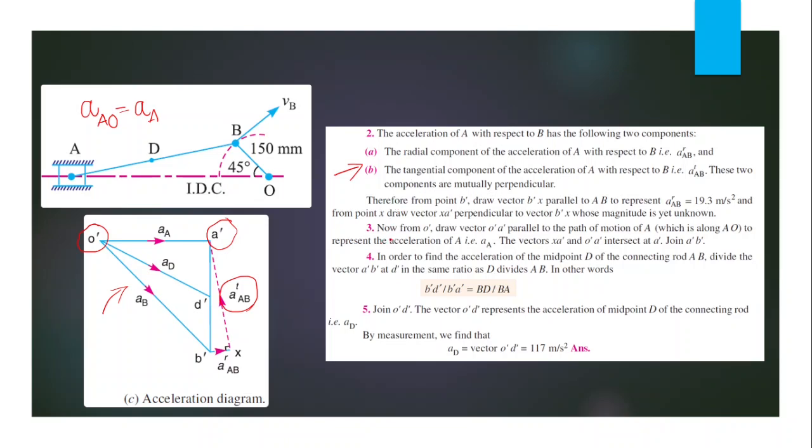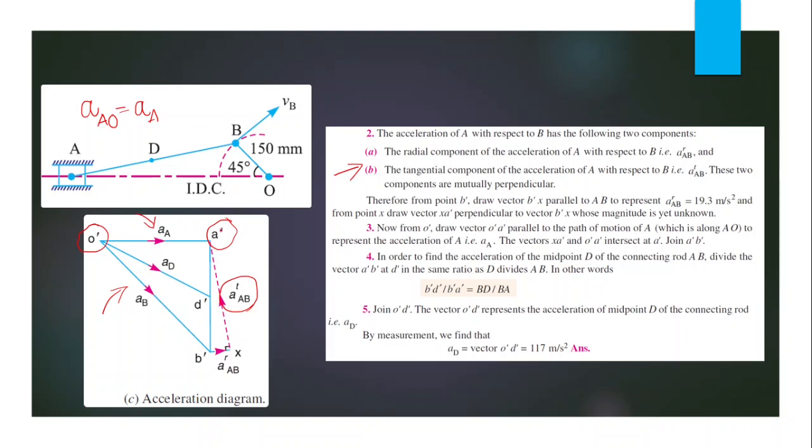Now from O dash, draw a vector O dash A dash parallel to the path of motion of A. That is the acceleration of A. We have already said that acceleration of A with respect to O must be equal to the complete acceleration of A. The direction must be horizontal, so we can draw the acceleration of A in the horizontal direction, passing through this particular point O.